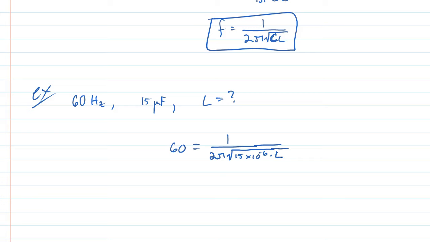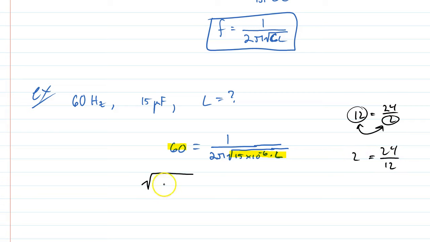Alright, to make life easier, this part right here I'm going to highlight and swap with the 60. This is a legal move because, if you have 12 equals 24 divided by 2, you could swap this with that, and it would be the same problem. So 24 over 12 equals 2. So that's a little algebra trick here.